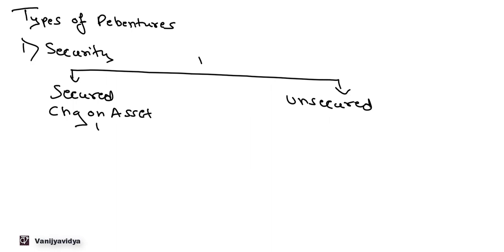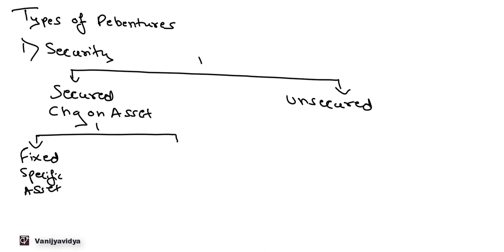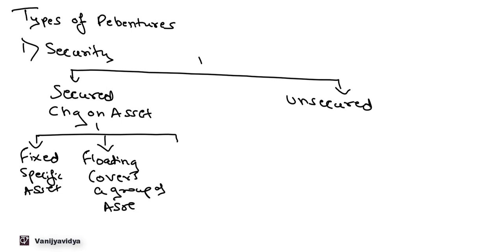This charge may be a fixed charge, that is on a specific asset, or a floating charge, that covers a group of assets or all assets of the company.